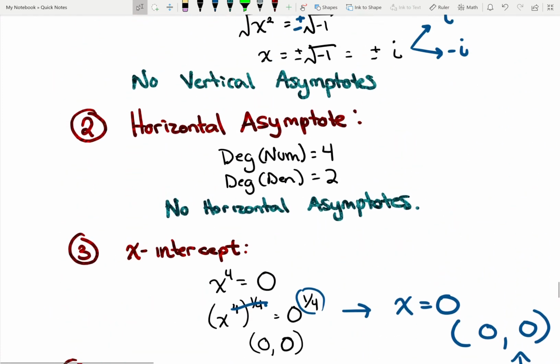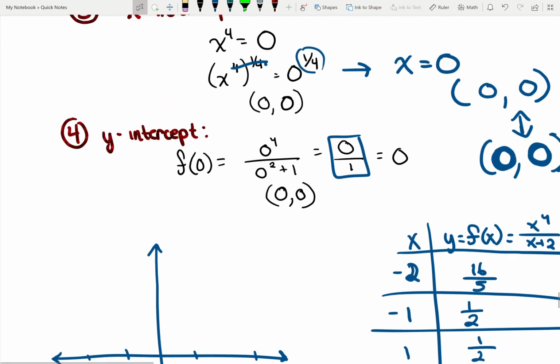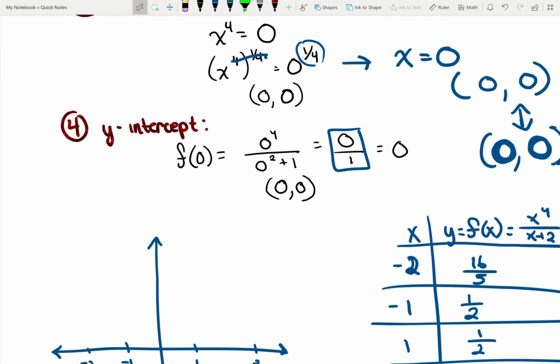So there are no vertical asymptotes, and there are no horizontal asymptotes. So what does this guy really look like? Give me 2 seconds.